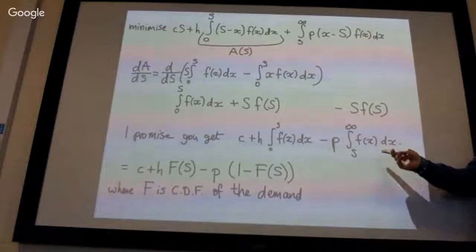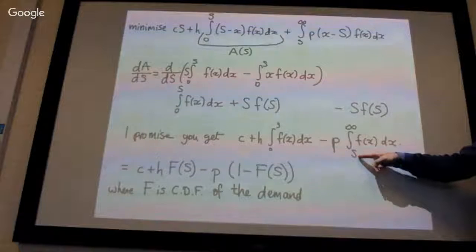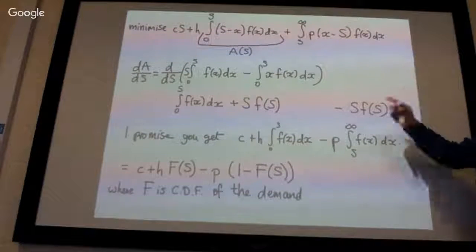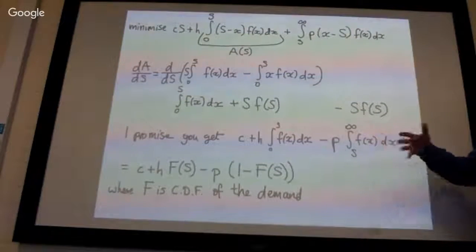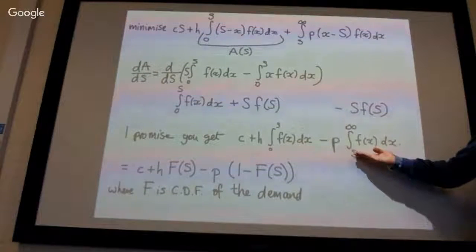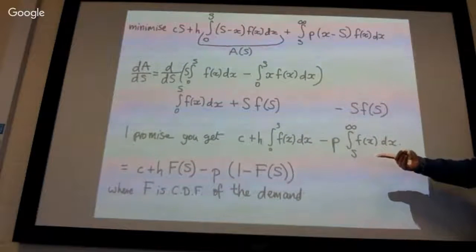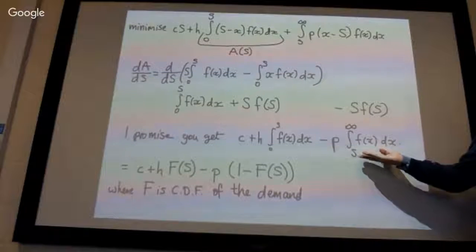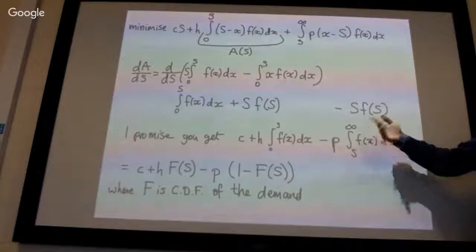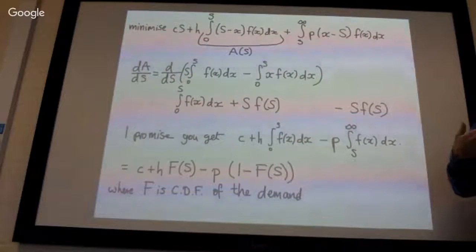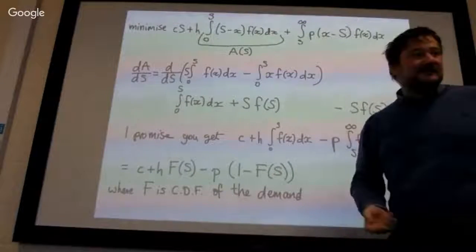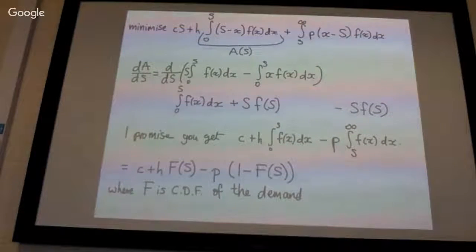And this is where you go from s on. So this integral gives you the probability that the random variable is at least s. Okay? And the probability that a certain variable is at least s is 1 minus the probability that it's less than s. So you get 1 minus that. Basic probability.